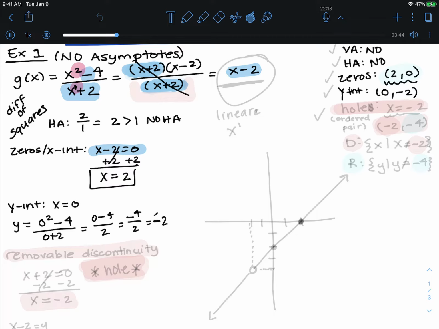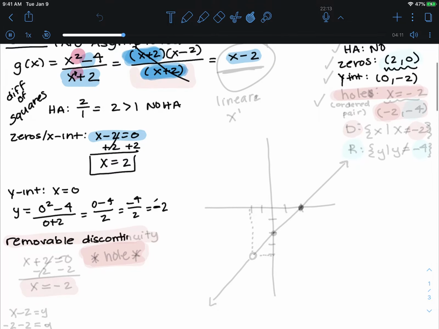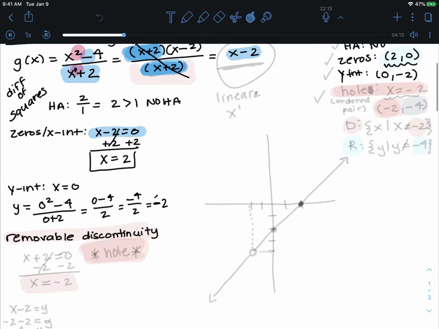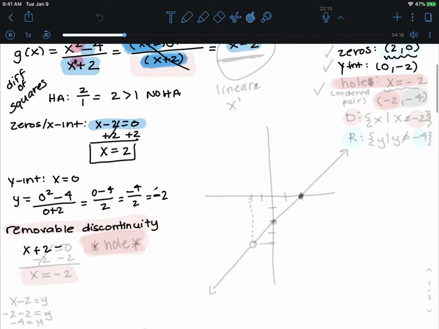Now let's see, do I have any discontinuities? Yes, I do. I know that I canceled it out, but it's still going to be a discontinuity. Now what kind, removable or non-removable? Because we took it away, it's going to be a removable discontinuity. So my removable discontinuity is going to be at x plus 2 equals 0.